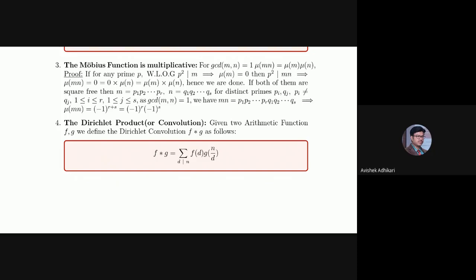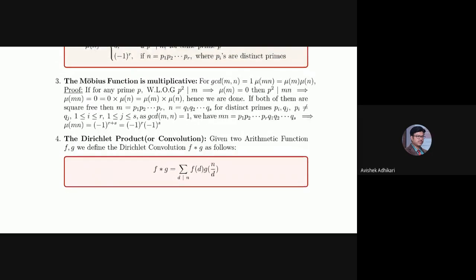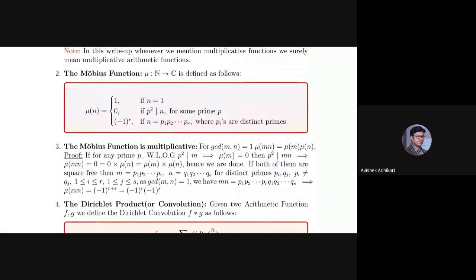So individually the mu values of m and n are -1, but when we take mu of mn, it becomes (-1) squared, which is +1. We can consider 4 different cases, and in all the cases we can easily see that the statement follows. So mu is not only an arithmetic function, but also a multiplicative function.